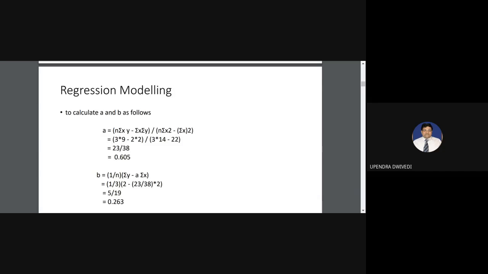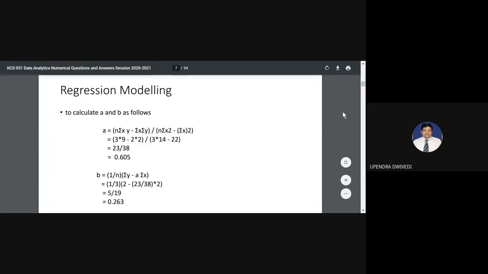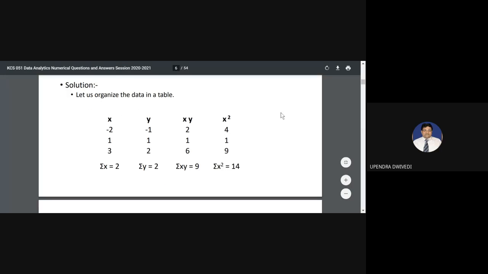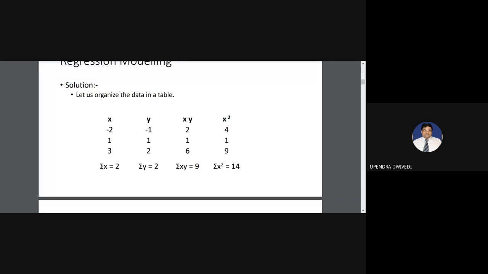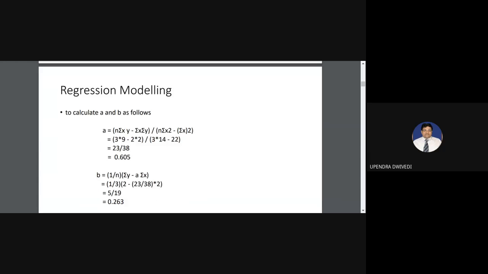Now, we'll put these values in the formula given above. To calculate a, n is the number of data points, so that is 3. For xy, we have calculated the summation of xy, that is 9. Then we have the summation of x and summation of y, both equal to 2, so we'll multiply 2 into 2.